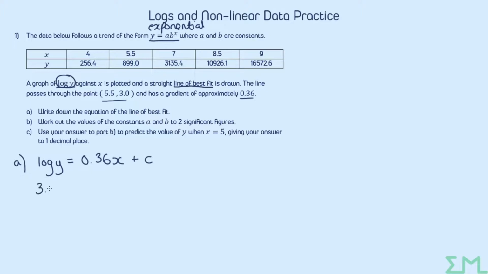So I will put in 3.0 for log y, 0.36 multiplied by 5.5 for x, and this therefore I can find out my c. Okay, and that gets me 1.02.